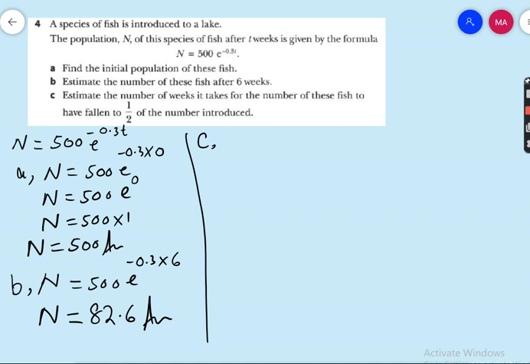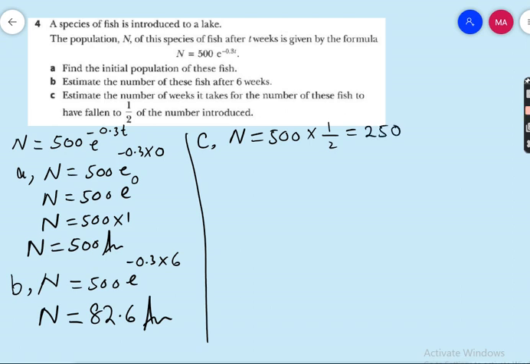Okay, done. I am reading part C again. Estimate the number of weeks it takes for the number of these fish to have fallen to half of the number introduced. So the initial number of fish was N equals 500, as we did in part A. So according to the question, if we take half of 500, we will get 250.